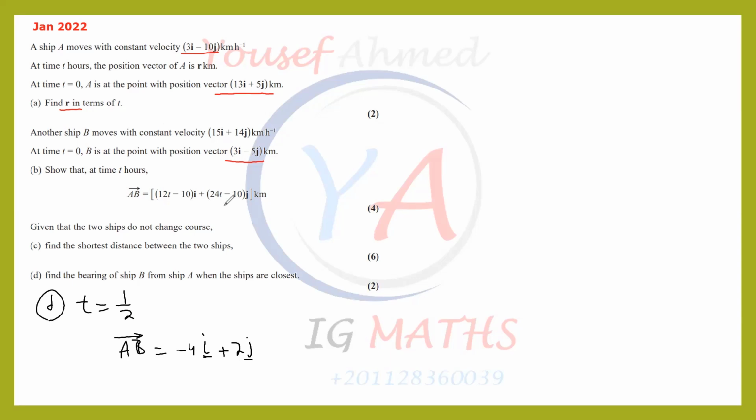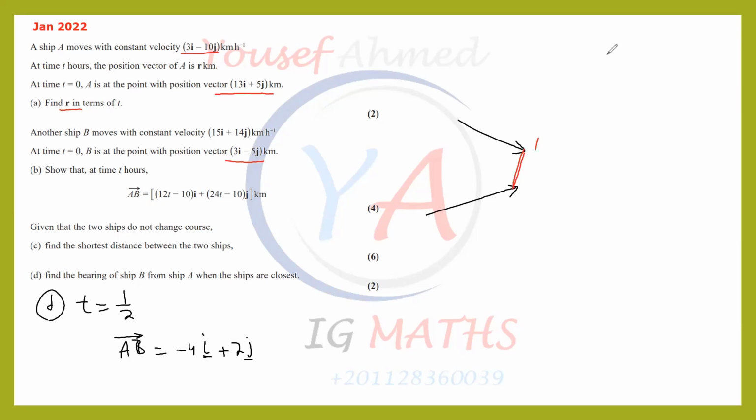So we need to know the bearing when the two ships are closest. This is ship A and this is ship B when they came very close to each other, and this is the vector between them. By the way, it's not a main condition that they become like this. So I need to know the bearing.